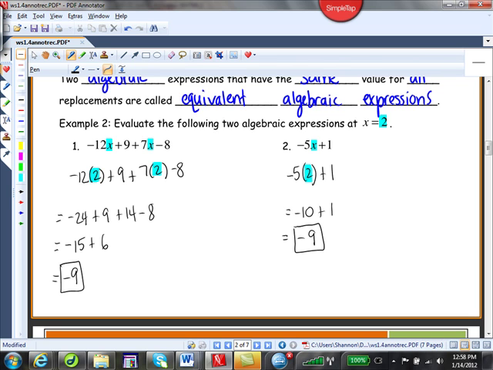So what have we discovered? So these two algebraic expressions are equivalent.